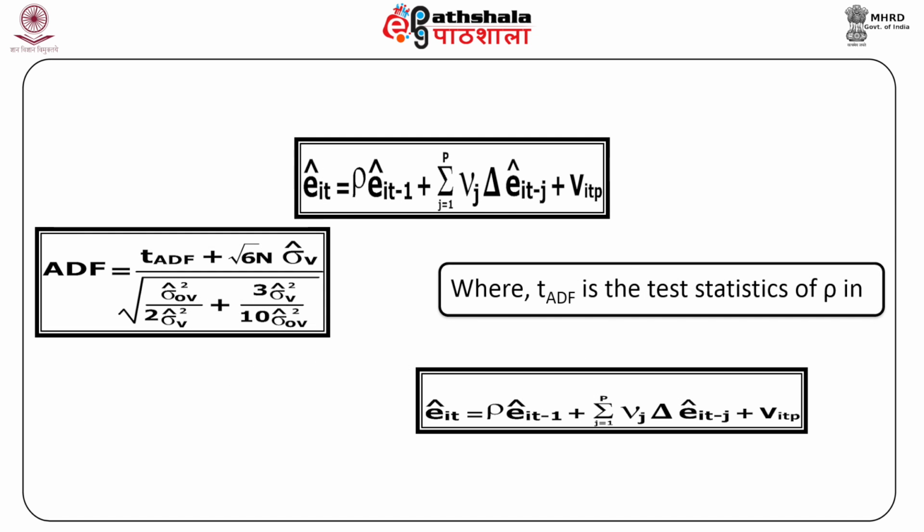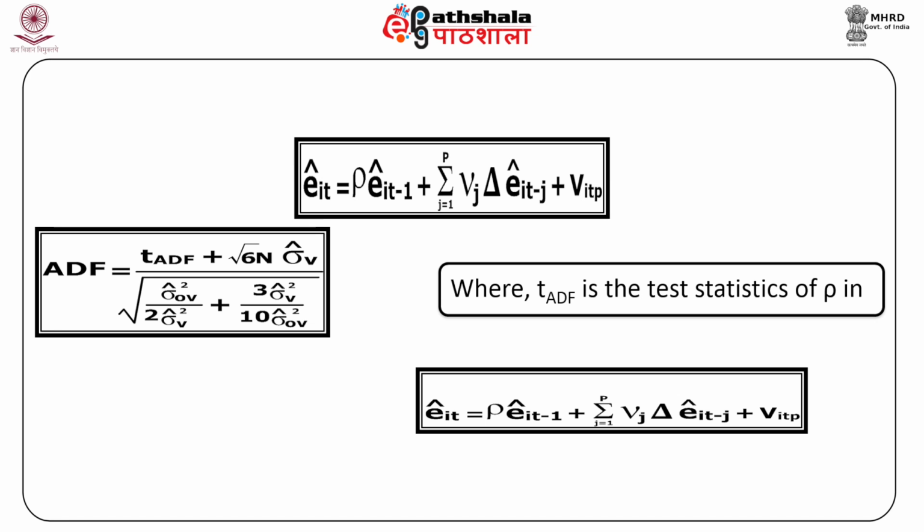EIT hat is equal to rho EIT minus 1 hat plus sigma j from 1 to p Vj change in EIT minus j hat plus VITP, with the null hypothesis of no co-integration.